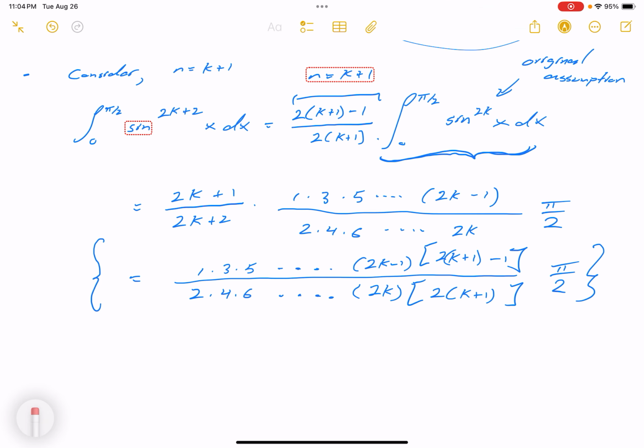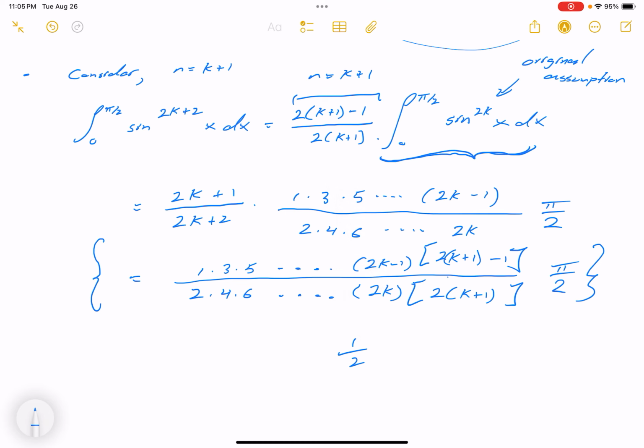So this is all multiplication, right? All of this is multiplication, it keeps going on and on. All of this is also multiplication, keeps going on and on. So check this out. When we let k equal 1, that's 2 minus 1, that's 1, over 2.